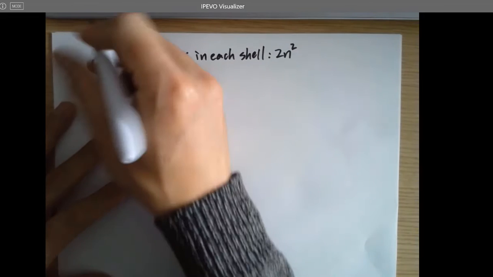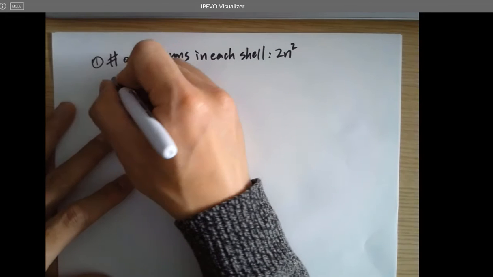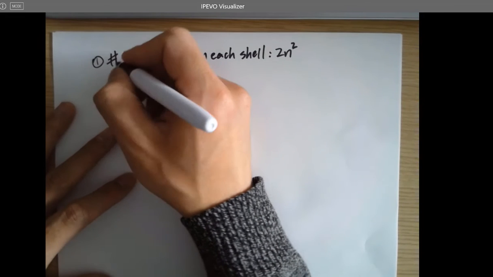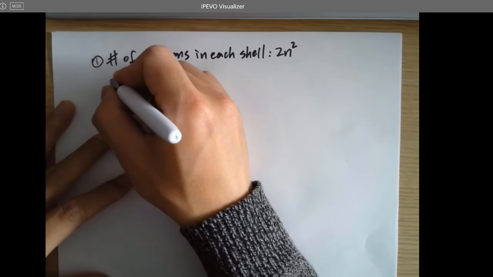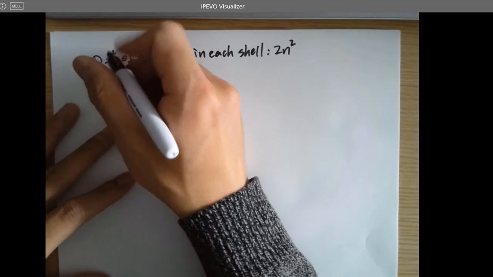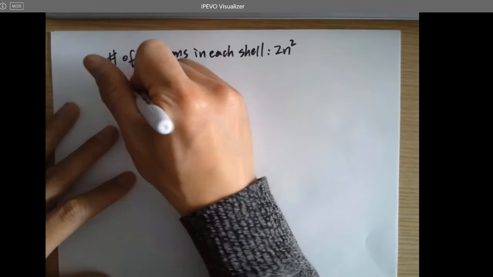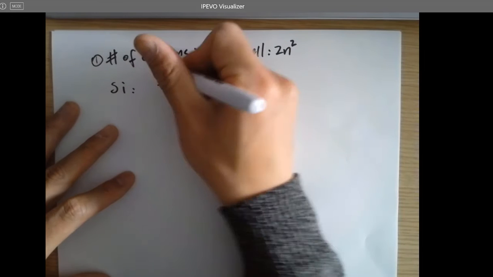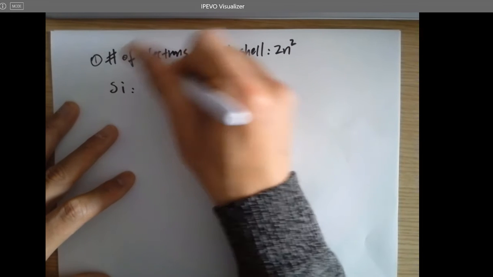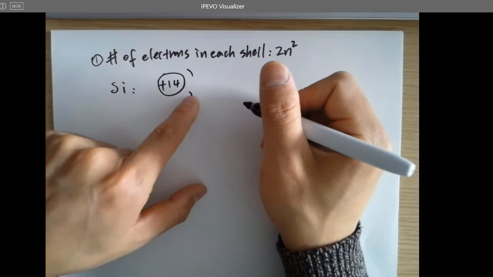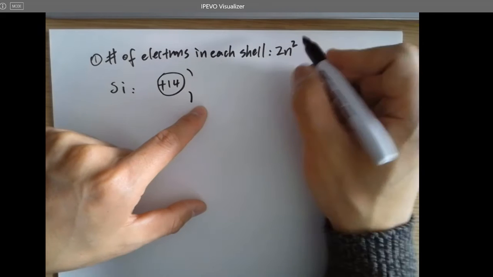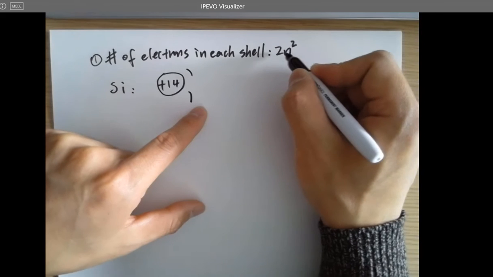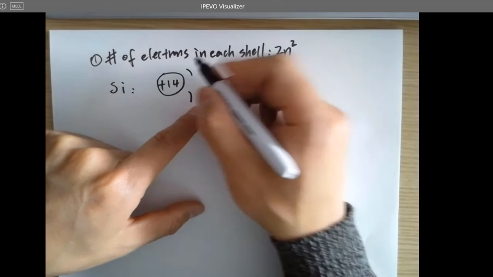In that case, do you remember how many protons a silicon atom has? Let me just tell you, it's 14. So the first shell, when n is 1, you're getting 2, right?